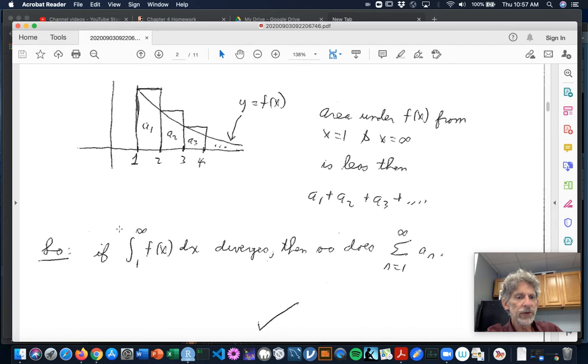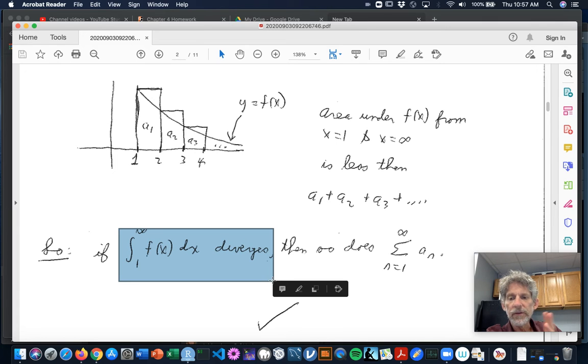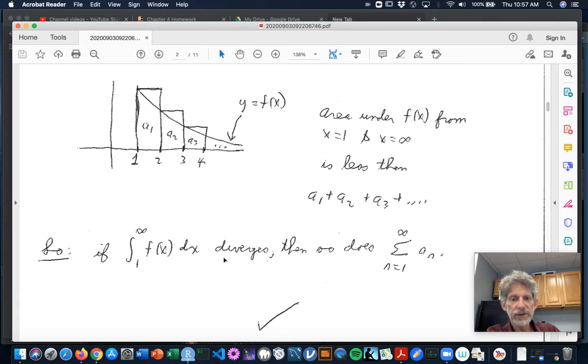So if we were to find that the area under the curve were infinite, if the improper integral were to diverge, then we would know that the infinite series diverges as well. So finite area under the f curve tells you that the infinite series is finite. Infinite area under the f curve tells you the infinite series diverges to infinity.